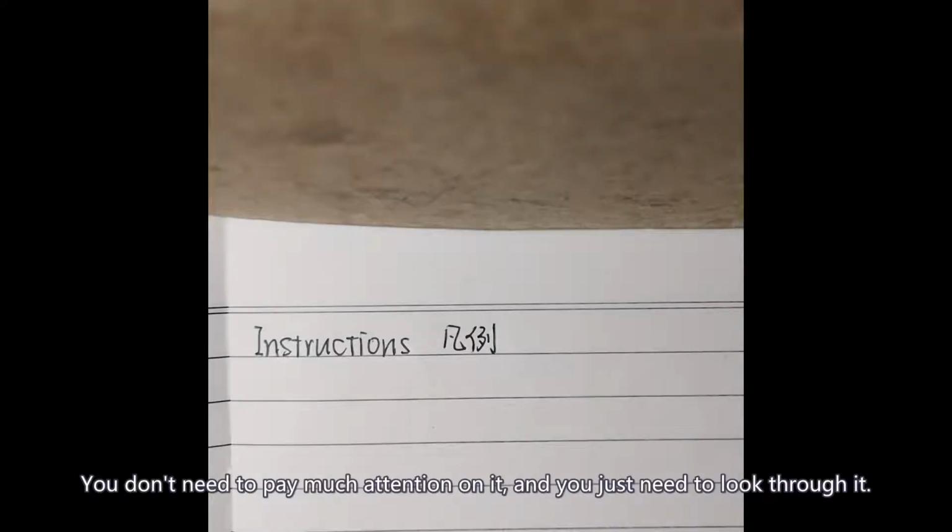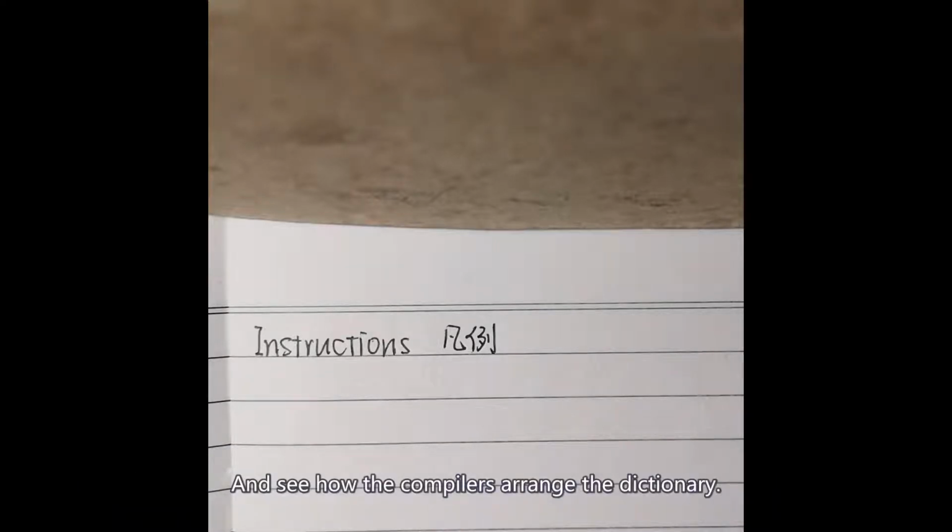You don't need to pay much attention on it, and you just need to look through it and see how the compilers arrange the dictionary. That's the function of the instructions.